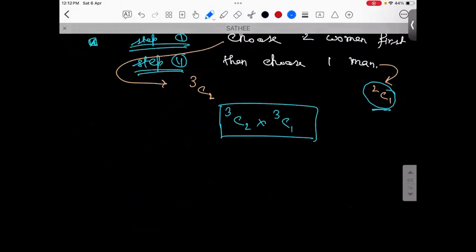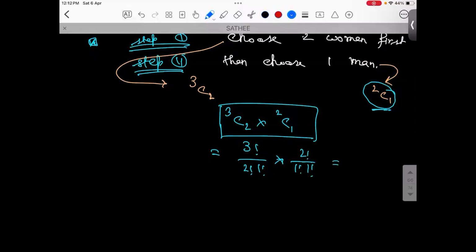Fine. What will be the number? The number will be 3 factorial divided by 2 factorial into 1 factorial, into 3 factorial divided by 1 factorial into 2 factorial. Okay, sorry, no, it's not 3C1, it will be 2C1. 2C1 into 1 factorial, 2 factorial.